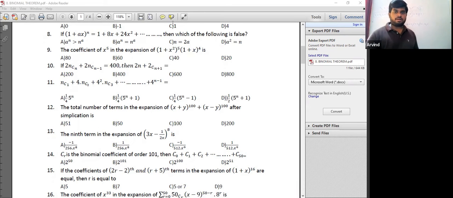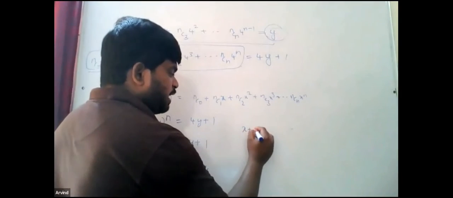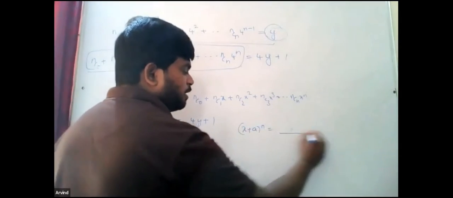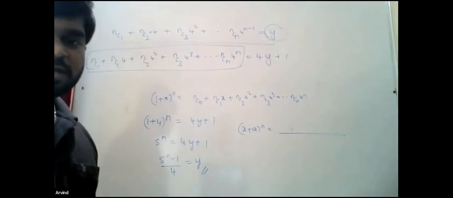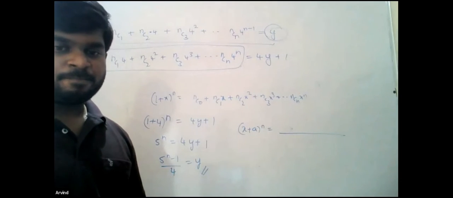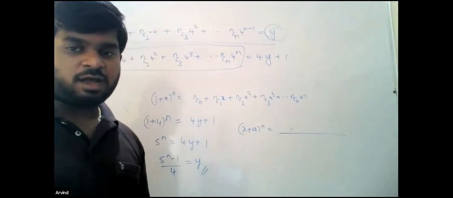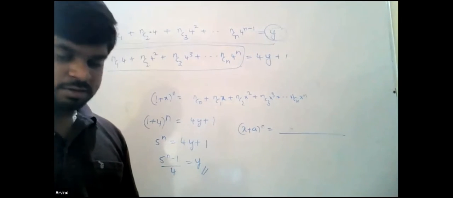Before going to this question, just tell me, for x plus a whole to the power n, the formula we write, how many terms does it have?